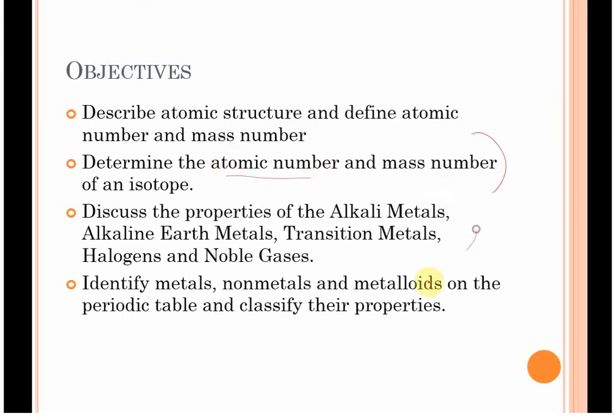We're going to give a very brief description of the periodic table in terms of its classification and things like that. And then we are going to look at the types of elements, the charges that elements might have if they form ions, and so on. And that's going to lead us into naming compounds.